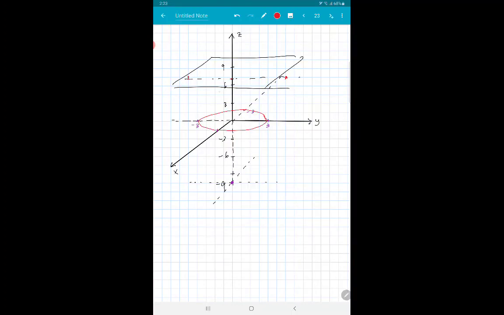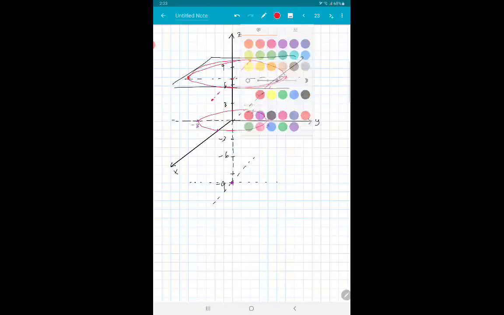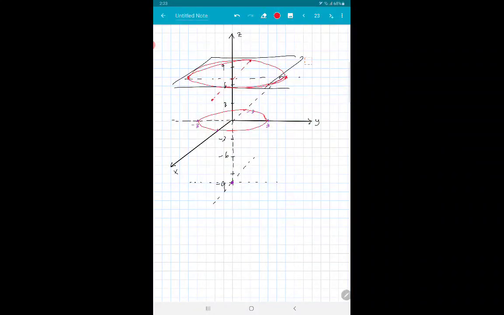And here probably this is a 4, that's a 4. Then sketch a circle. We're just sketching the circle on the z equals 7 plane, and now I'm going to erase the z equals 7 plane.